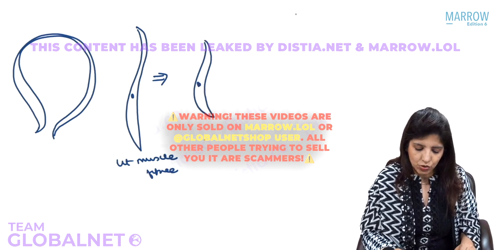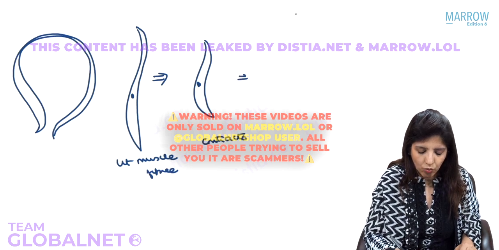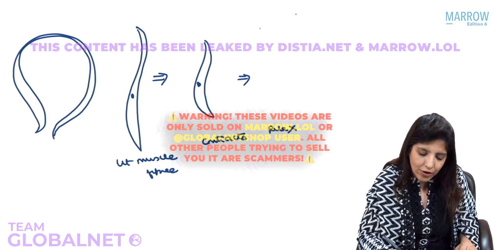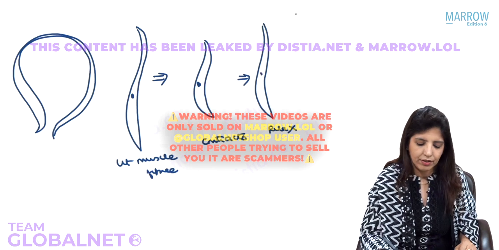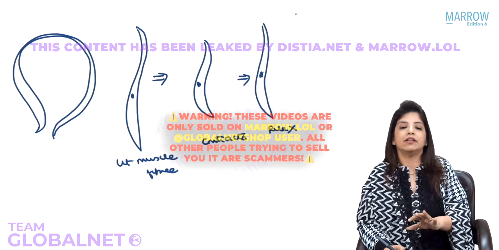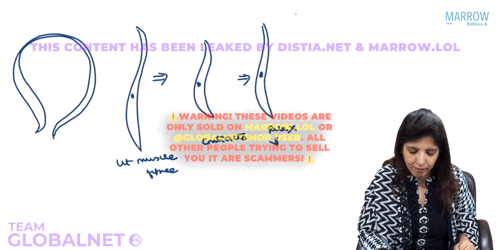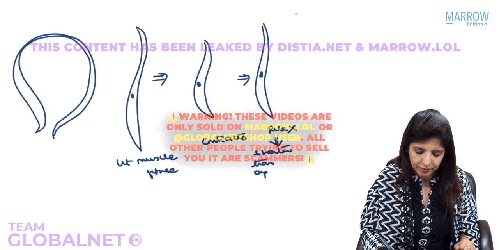Right? So that is when the muscle contracts. Now, when this muscle relaxes, it will not go back to its original length. It will become a little shorter than the original length.